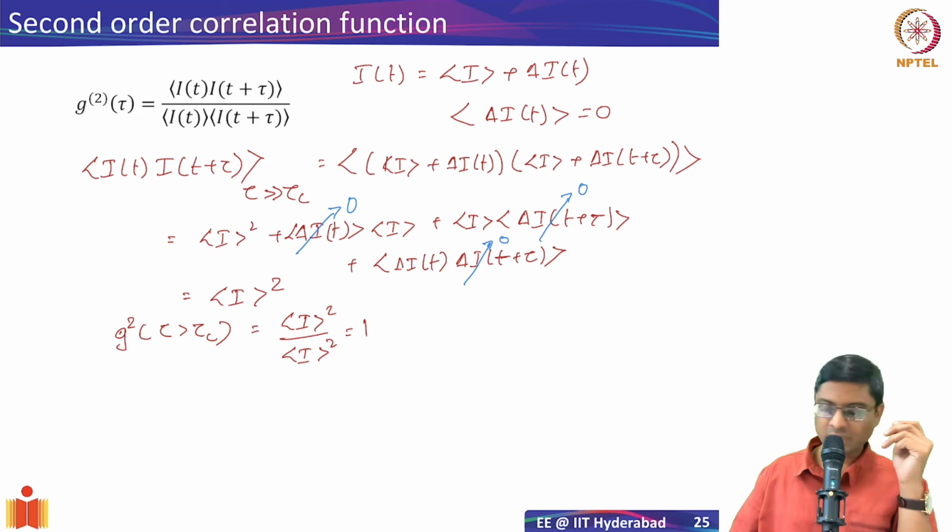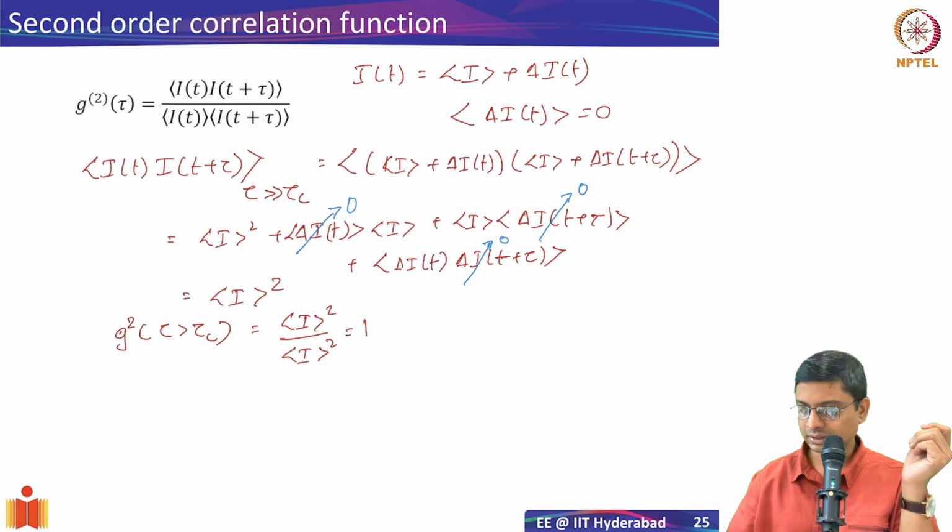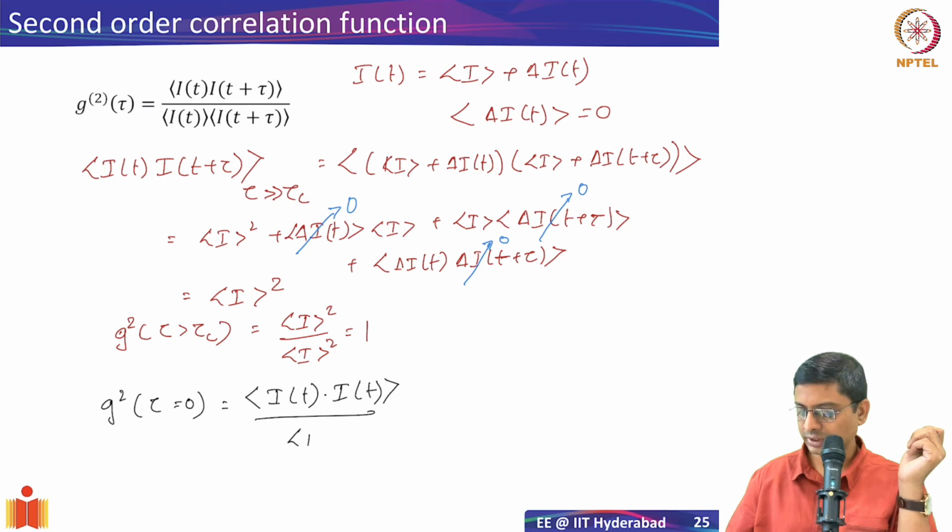But if you do the same thing at tau equal to 0, in this case it's going to be 1 for tau much greater than tau c, and if I calculate G2 at tau equal to 0, since my tau is equal to 0, the numerator is going to be I of t into I of t, divided by the average of I of t, whole square.